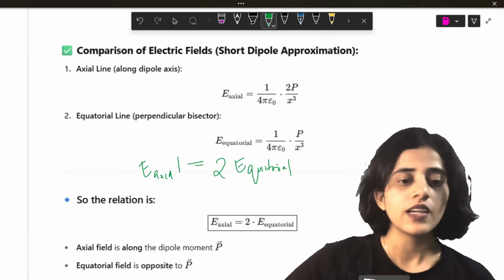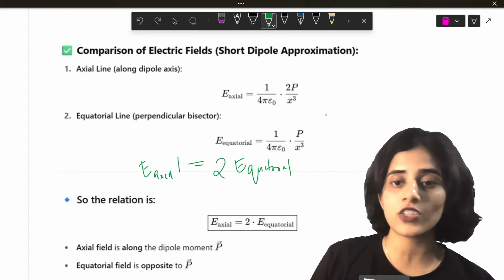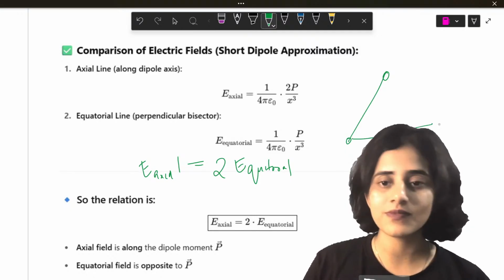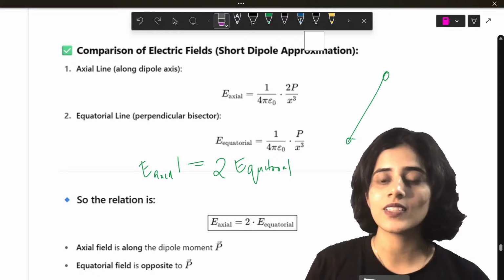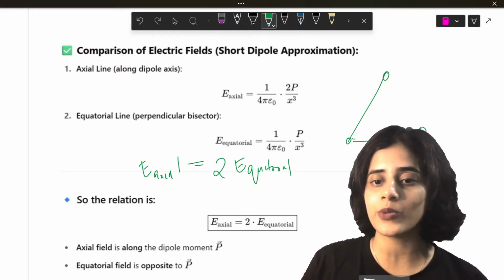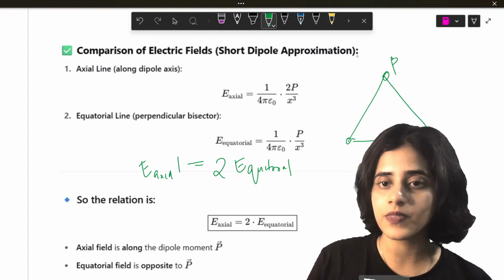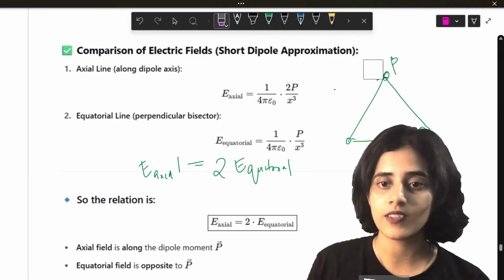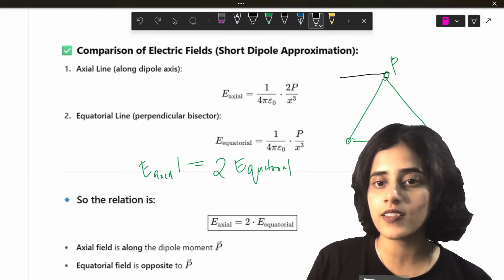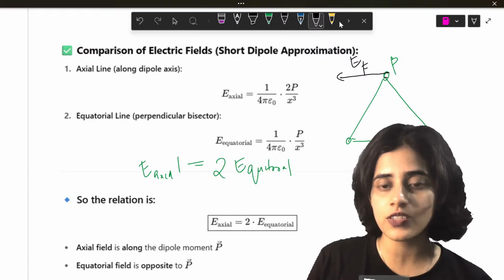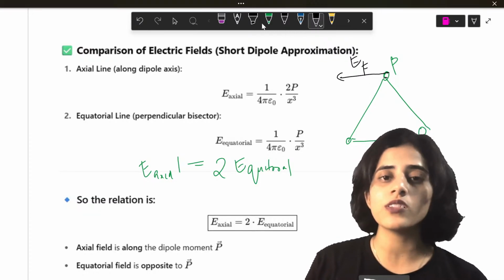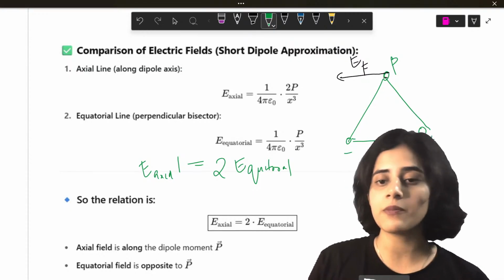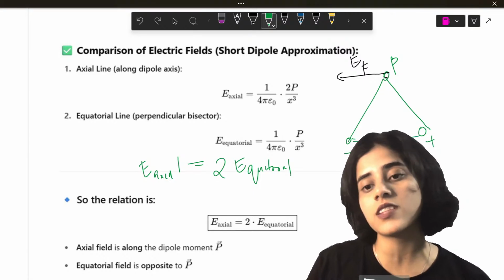Now, what about the direction of the dipole moment and the electric field? In the case of the equatorial one, this is point P. You can see that the electric field is along this direction. But the dipole is negative to positive, so it's in this direction.